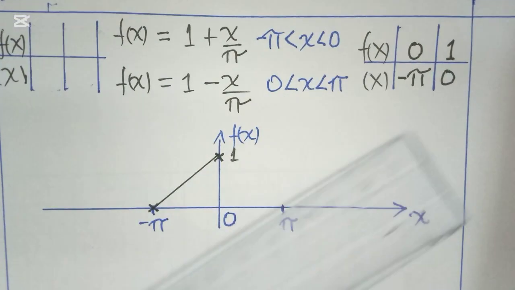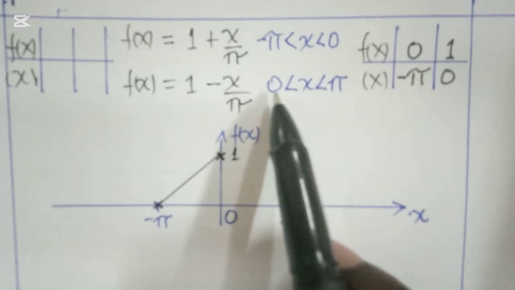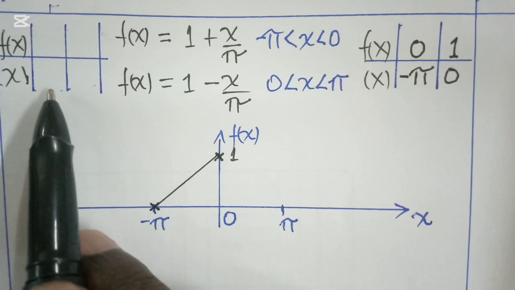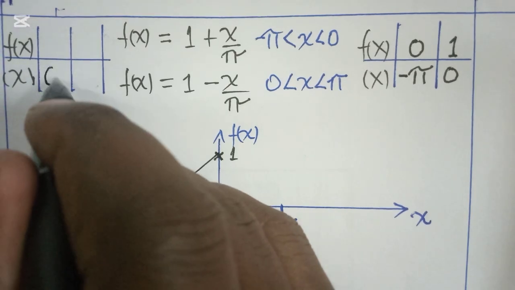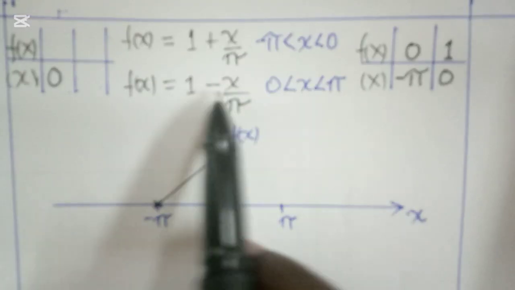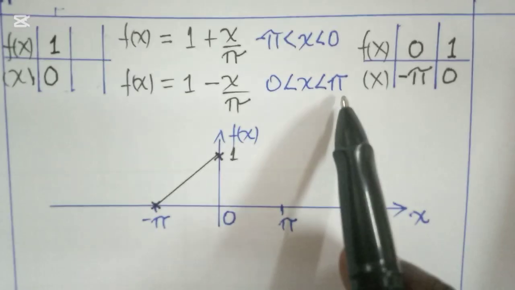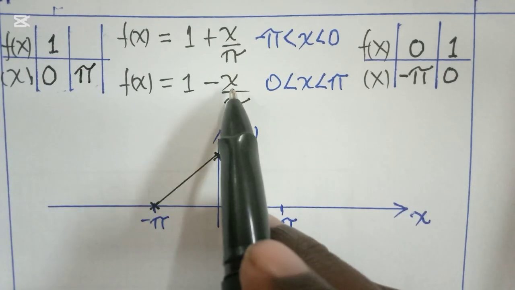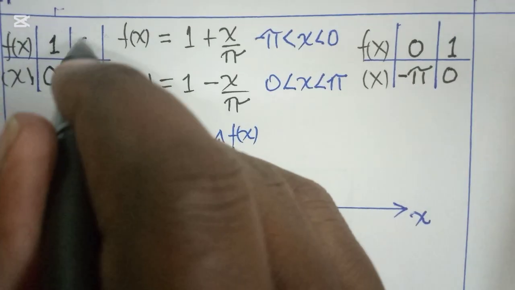That is my line. Coming now to 0 to pi, I can use this side of the table. So I put 0 here, and the whole of this is going to be 0, so 1 minus 0 is 1. I come to pi. If I put pi there, this is going to be 1, so 1 minus 1 is 0.